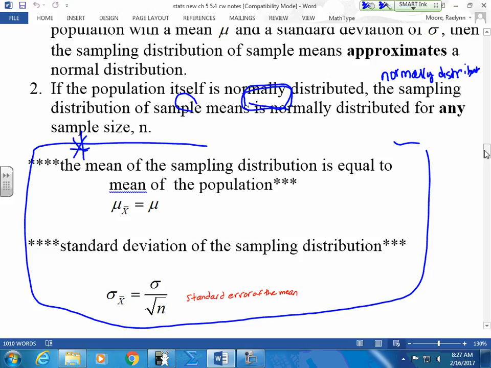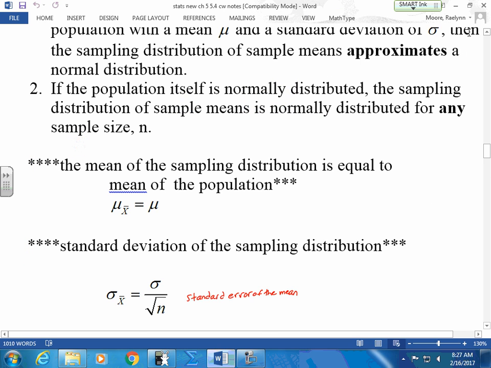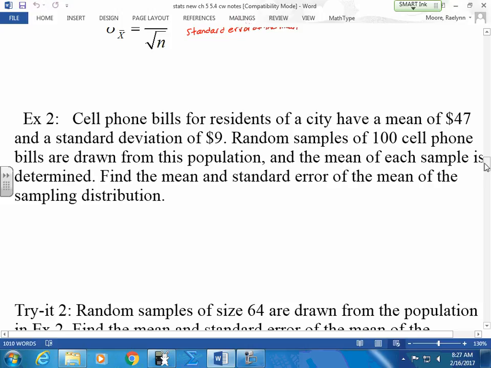I know this is a tough lesson to get through and it's probably a little bit boring, but if you don't catch why we do this, the rest of this is not going to make any sense to you. So that's the part that we're looking at. And how does this affect us? All we need to do is find the mean, find the standard deviation.